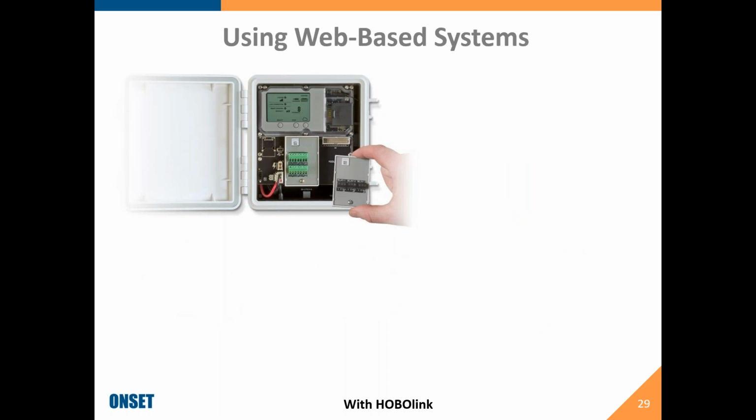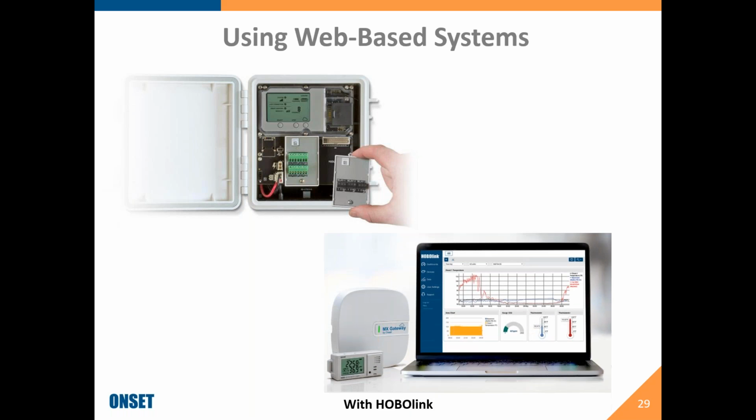This is an overview. This is what your data logger looks like. You've got the capability to add alarms. You can add third-party sensors to some of these. And we also have what we call a HOBOlink Gateway connection, which gives you the indoor model to share data.